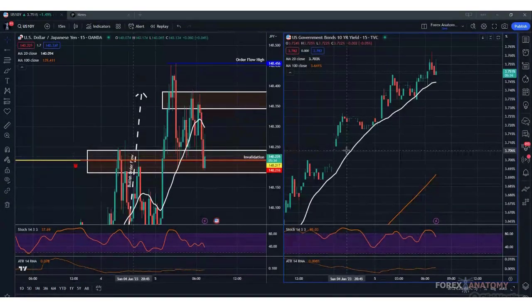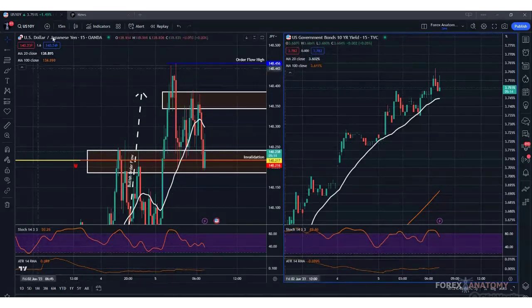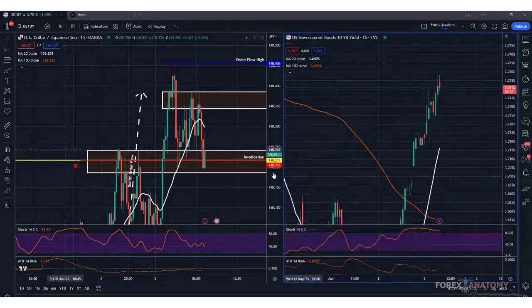Yeah, and we can see that the US 10-year has moved to the upside, but it has a tight correlation with the US dollar Japanese yen. So it can give you an idea of where the bias is. As rates go up, the US dollar Japanese yen is going to pretty much go up as it takes advantage of that yield differential between the US dollar and the Japanese yen. So then you can make money on that.